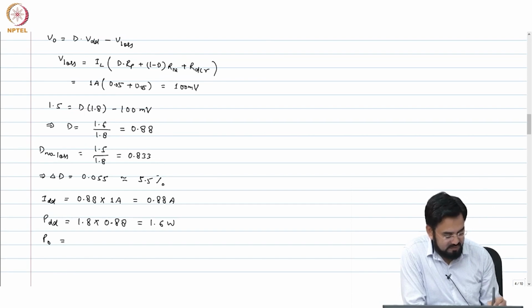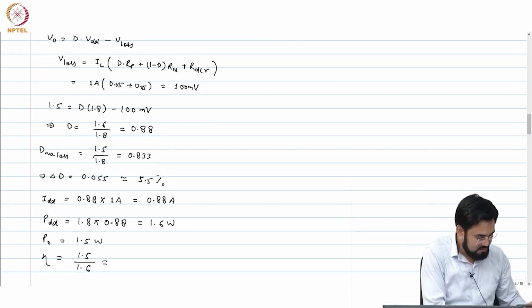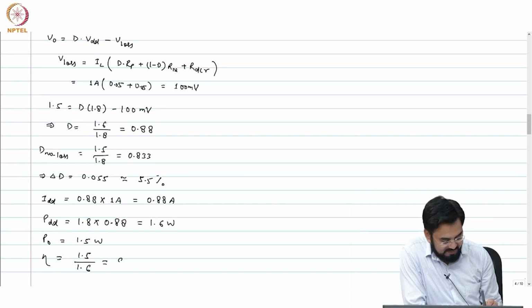P out 1.5 watt. Efficiency is 1.5 over 1.6. 93.75%. Okay, if I am looking at percentage.